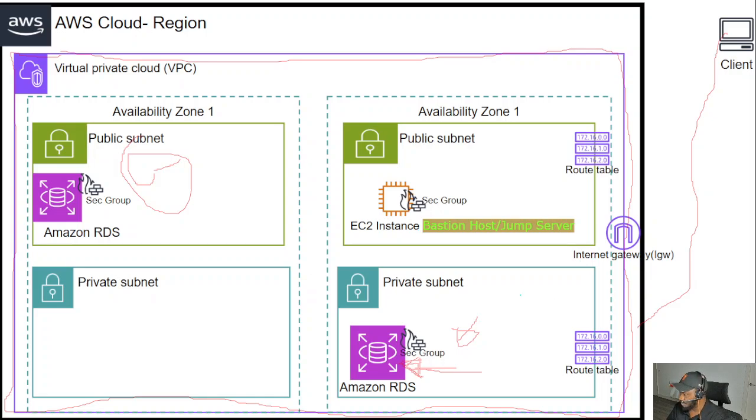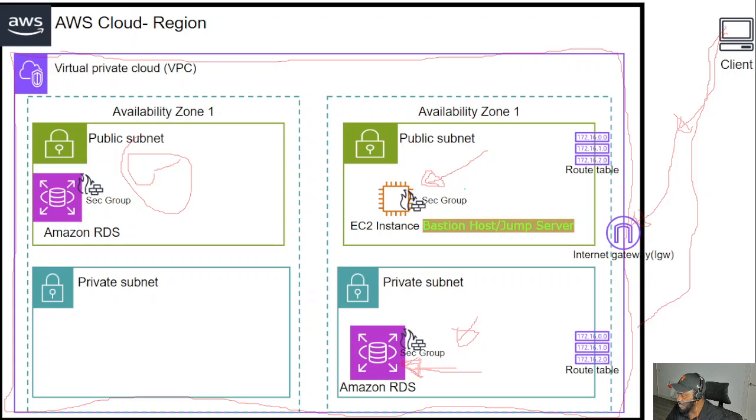Since this facilitator, the Bastion host, will be deployed in a public subnet, it will be easy for any client on the internet to authenticate to this Bastion host through the internet gateway.